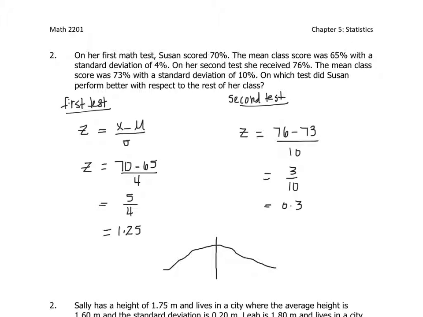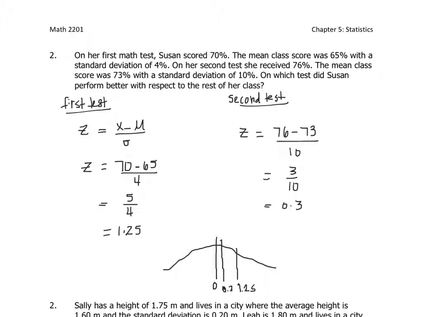And the first test is like 1.25, say, so somewhere up around here. But then the second test is 0.3, which is not very much above the mean itself, because this would be 0 and this would be 0.3, for example, and 1.25 would be above that.